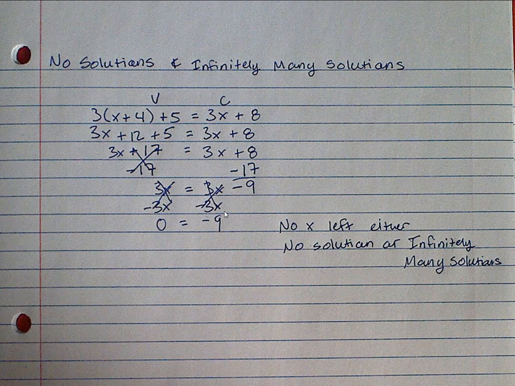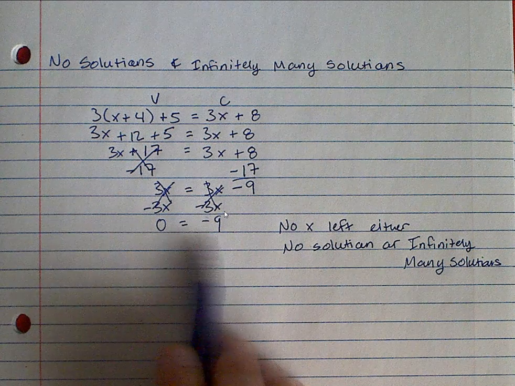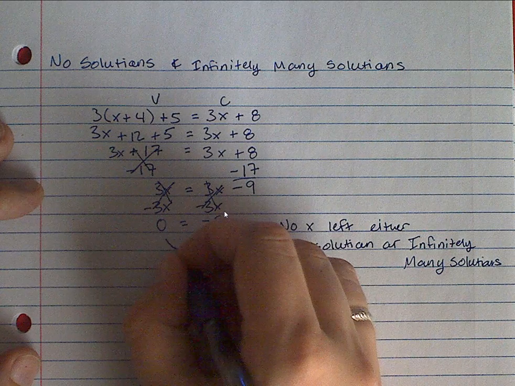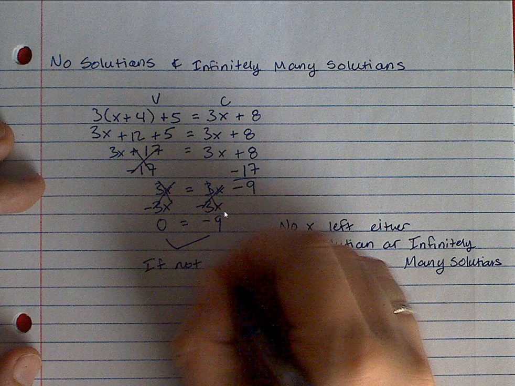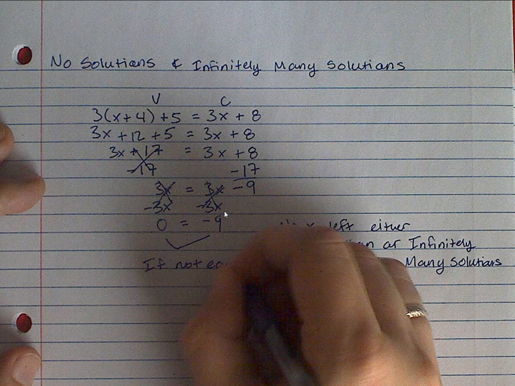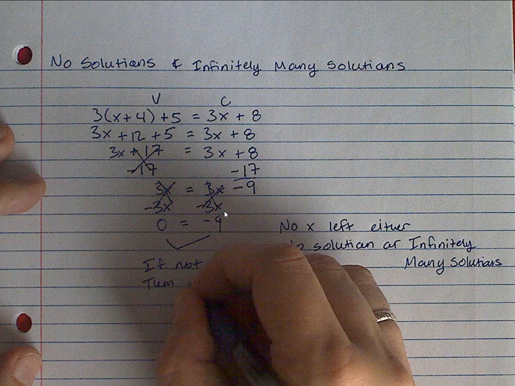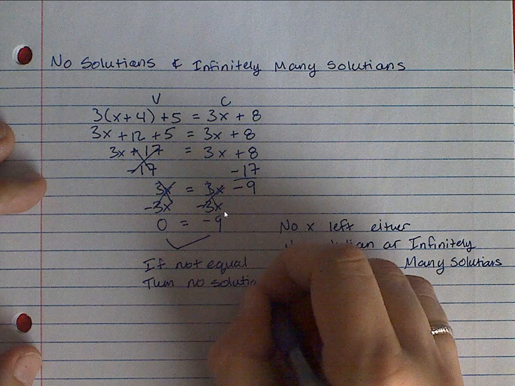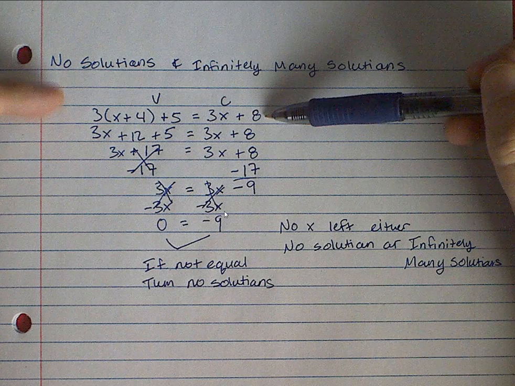In this case, are these two equal to each other? Okay. So if not equal, then no solutions. And what that means is there's no number I can pick at this first statement or anywhere along the line.